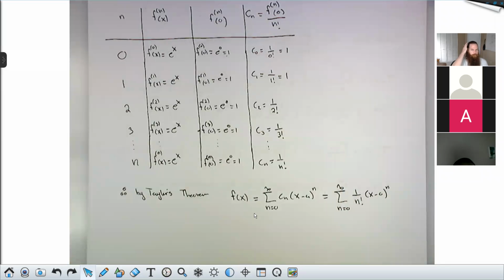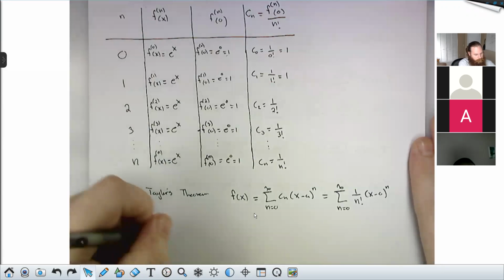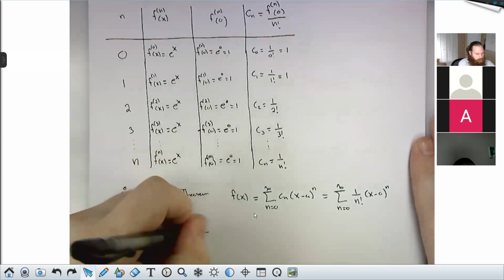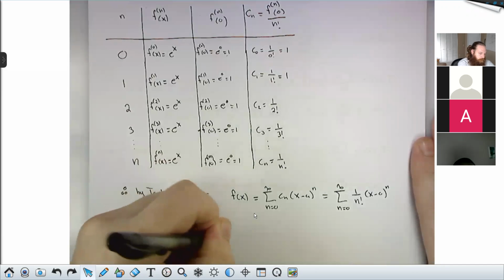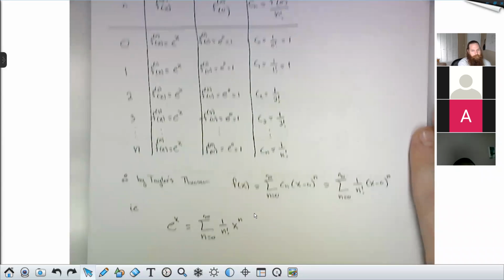A is 0. In other words, e to the x, which is f of x, is sigma n from 0 to infinity 1 over n factorial times x to the n.